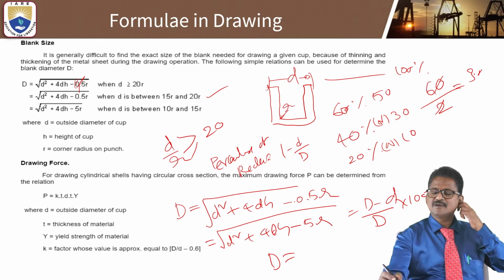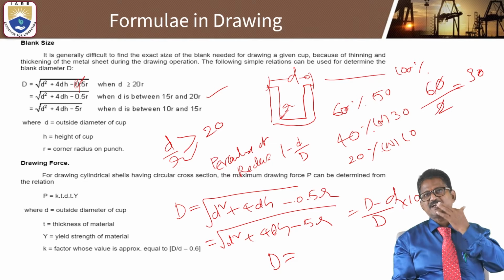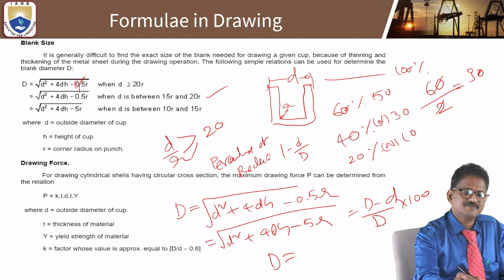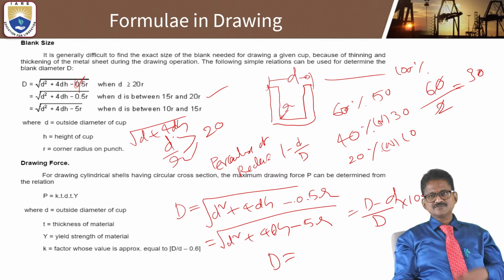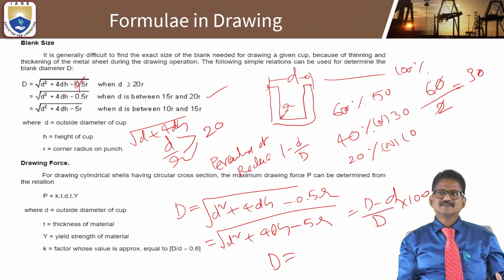So 30 means it is greater than 20. So d by r ratio greater than 20 means directly you can use the first formula, root of d square plus 4dh.